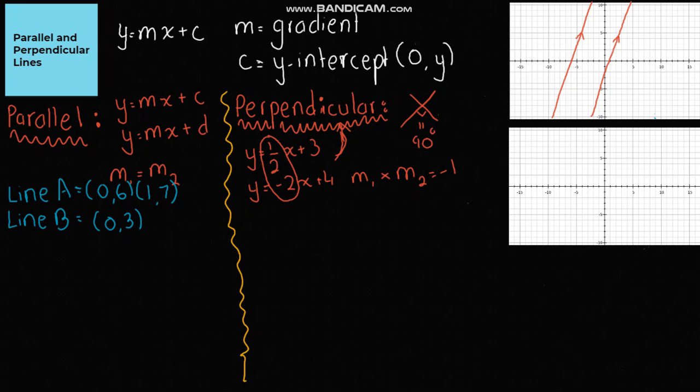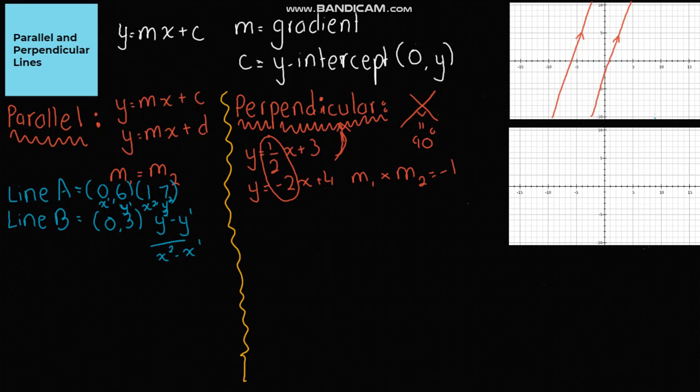So the formula for the gradient is y2 minus y1 over x2 minus x1. Let me write it a little bigger. This is x1, this is y1, this is x2, this is y2.